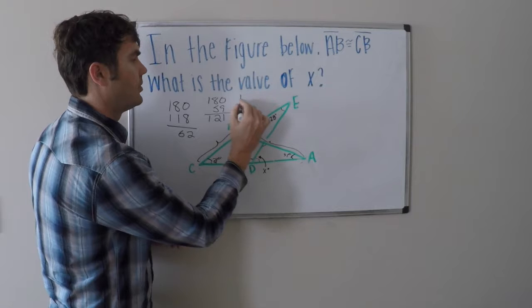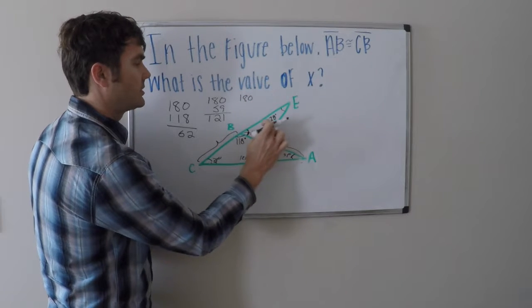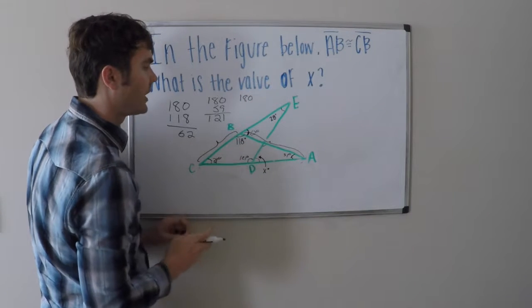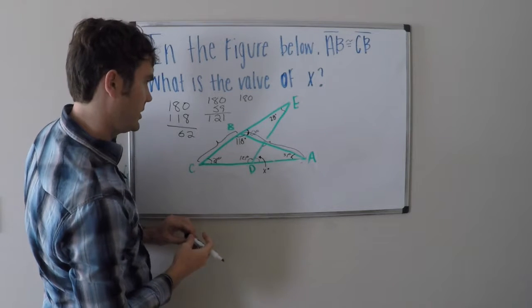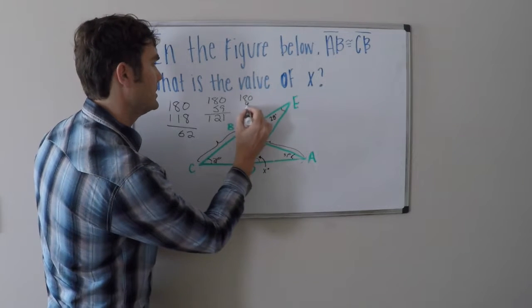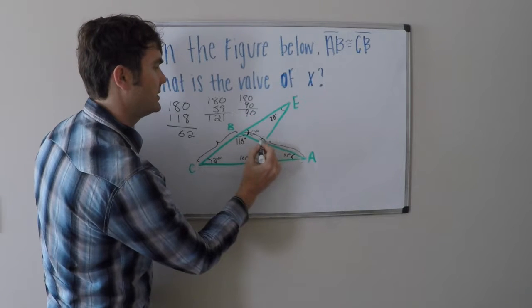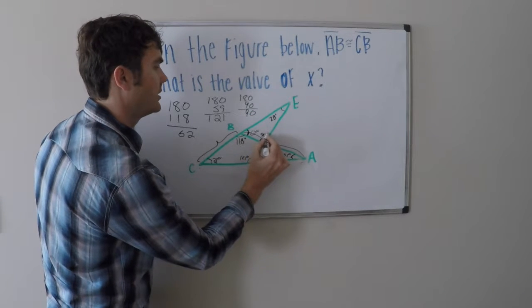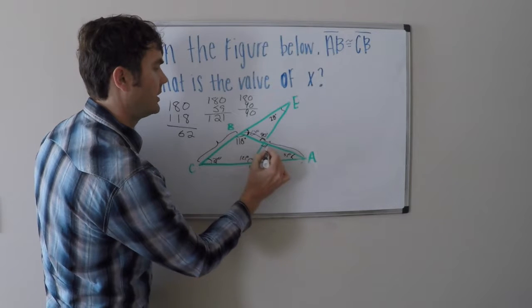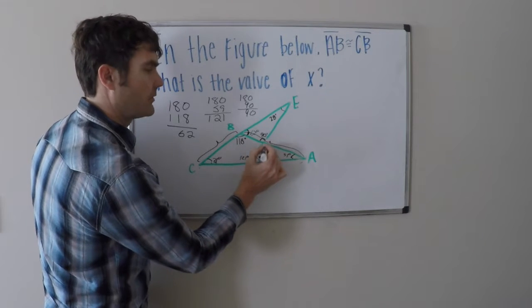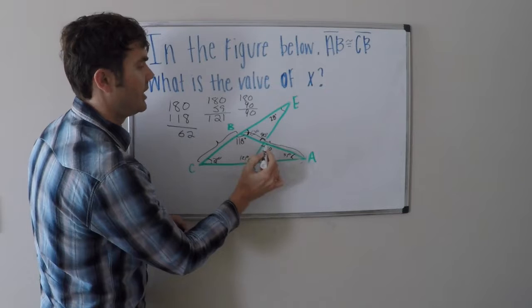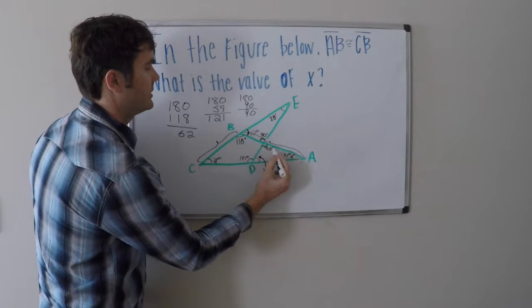Now I can use 180 minus 28 minus 62, which is going to be 90 degrees, actually. And so that tells me that this angle right here is a right angle, or 90 degrees, and this angle likewise, because these two are vertical angles. Remember, vertical angles have to be equal. So these are 90 degrees.